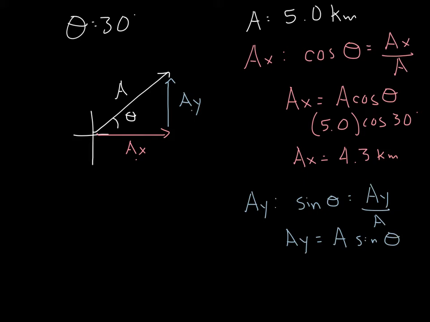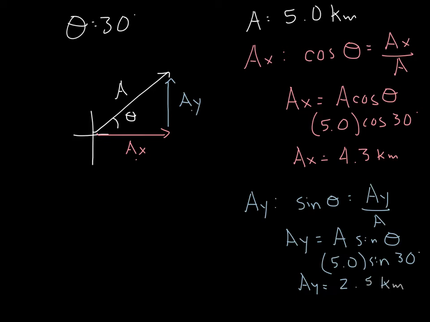So that is 5 multiplied by the sine of 30, which we know to be 0.5. So AY is in fact 2.5 kilometers.